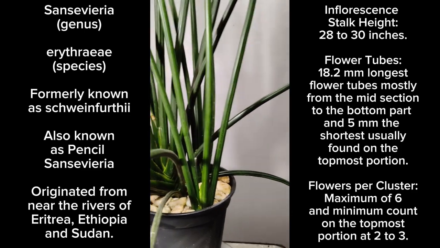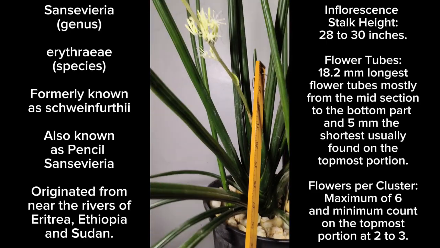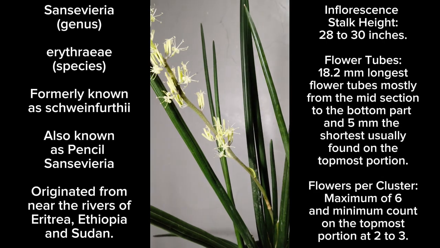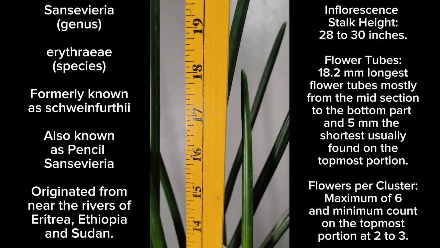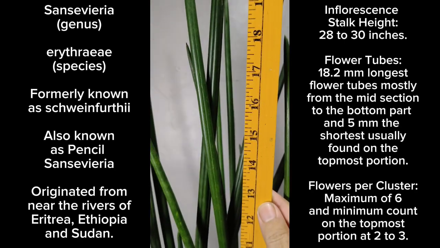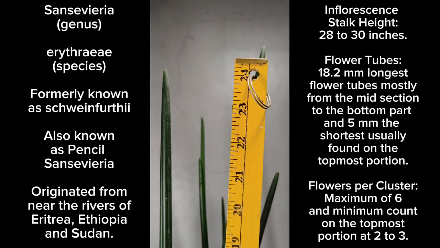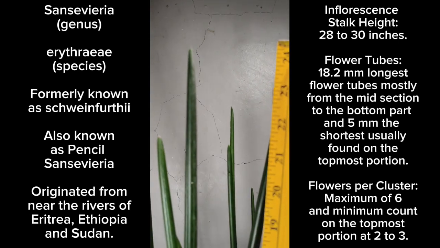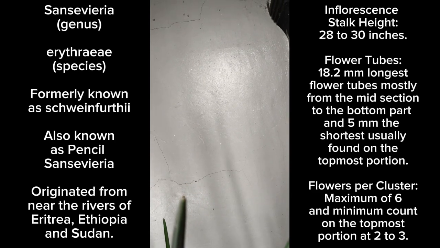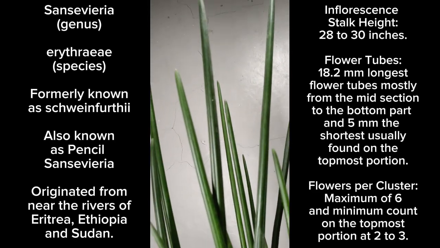So with regards to the height of the leaf, we can do some measurements here. First one that I measured is 18, but there are some which are more than 24 inches, maybe reaching 25 even. This other long one would be at 25 to 26 inches.